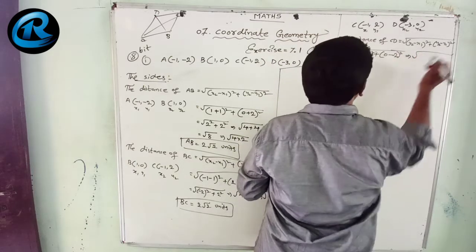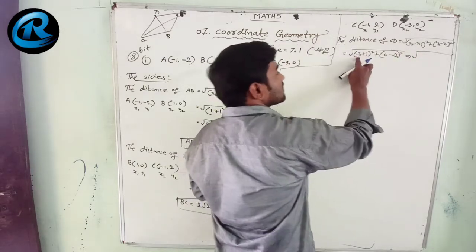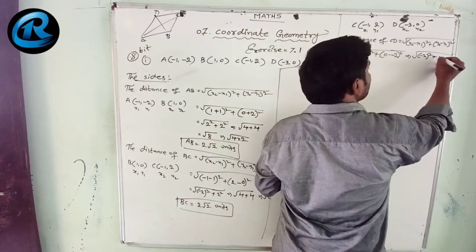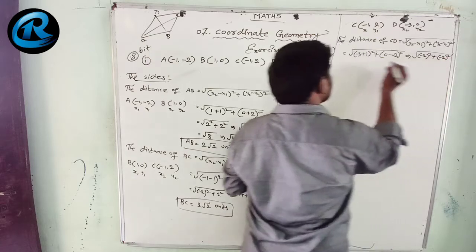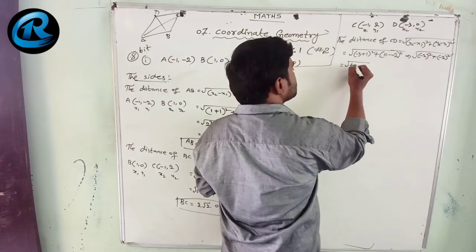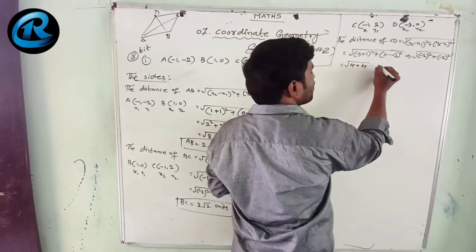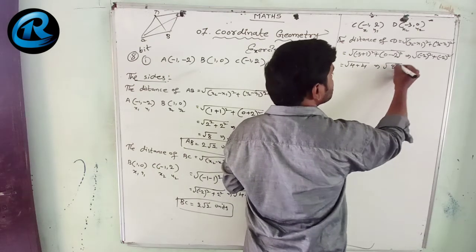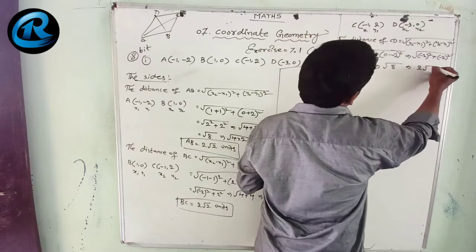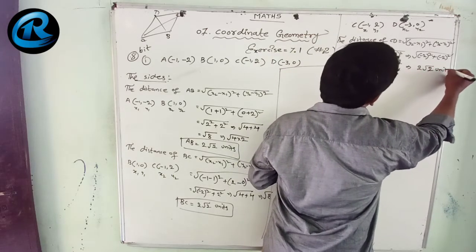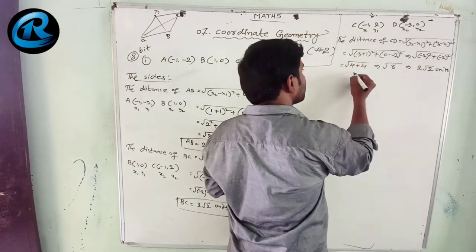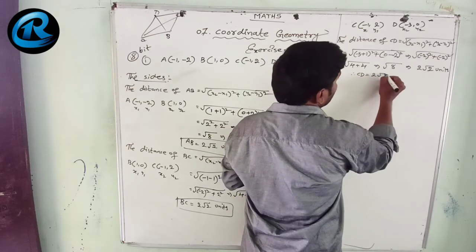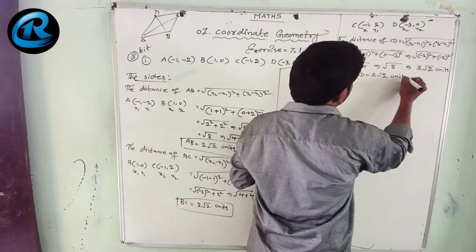Minus 2 whole square and 2 whole square give us 4 and 4. Under root of 4 plus 4 is root 8, whose value is 2 root 2 units. Therefore CD equals 2 root 2 units.